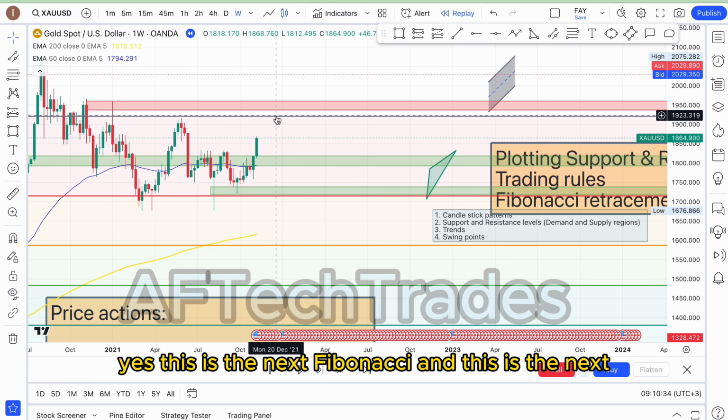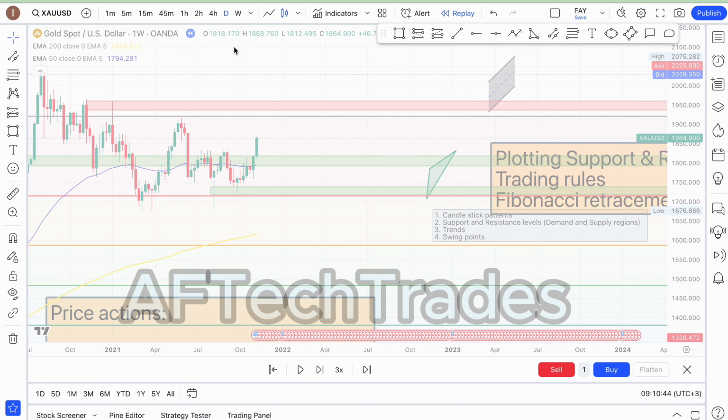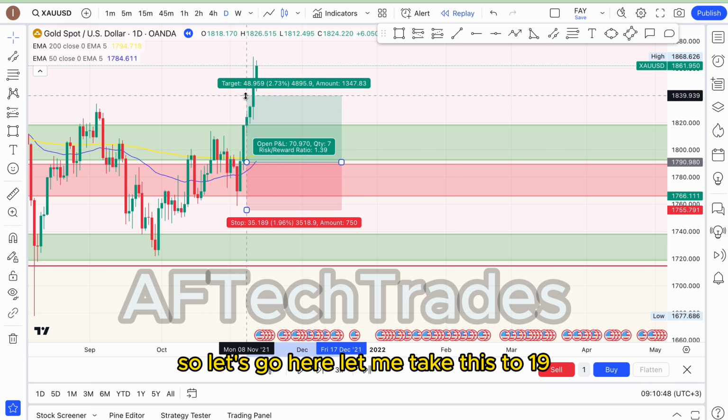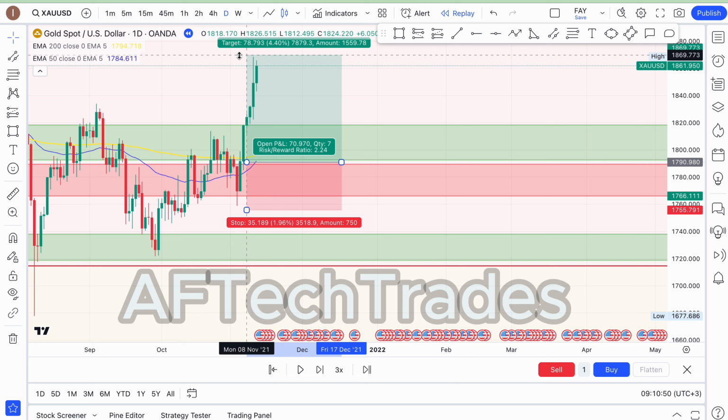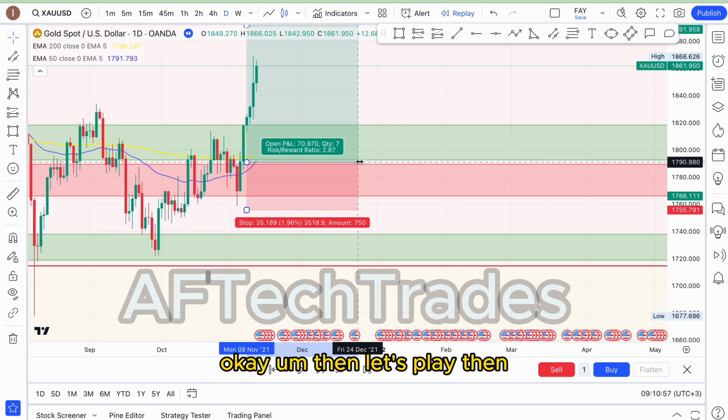Yes, this is the next Fibonacci, and this is the next. But I can't see what I placed. 1939. So let's go there. 1939 is actually up there. I can't see it. Okay. Then let's play then.